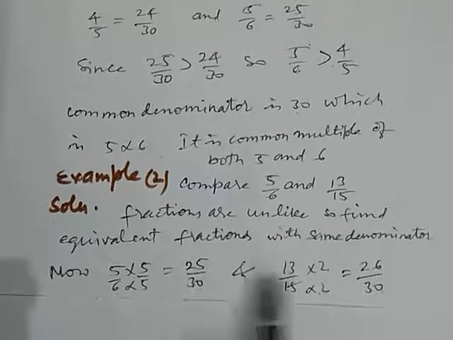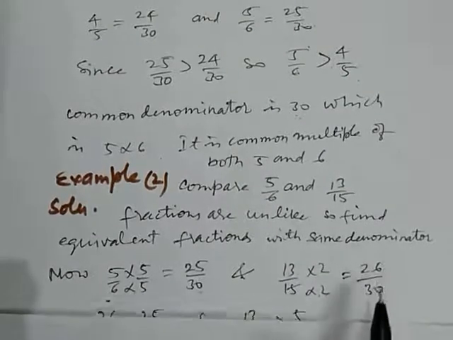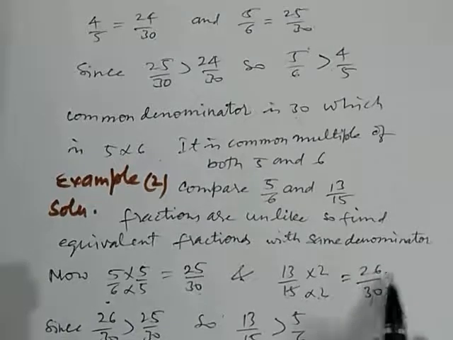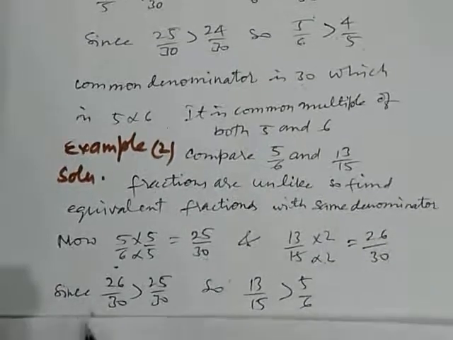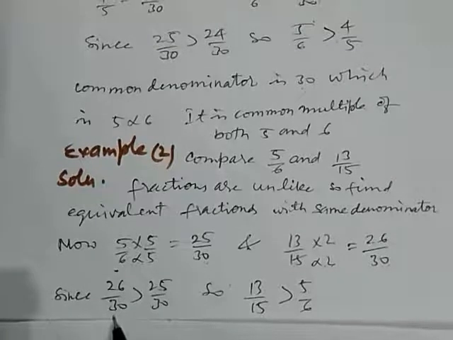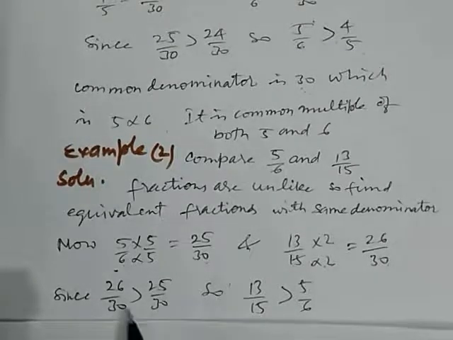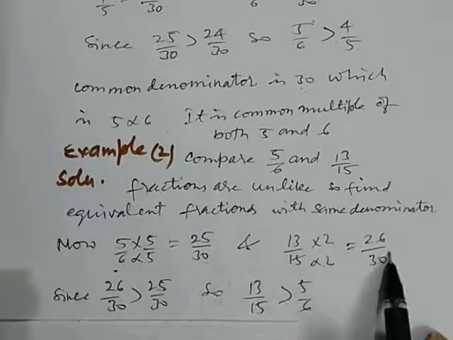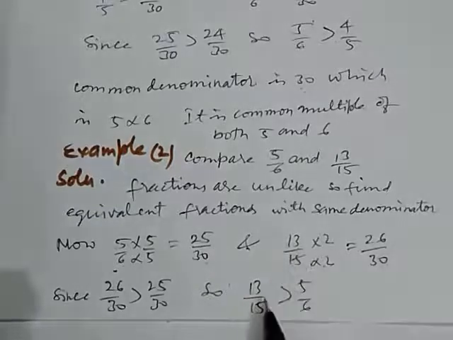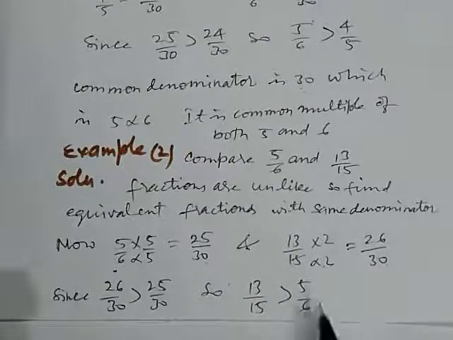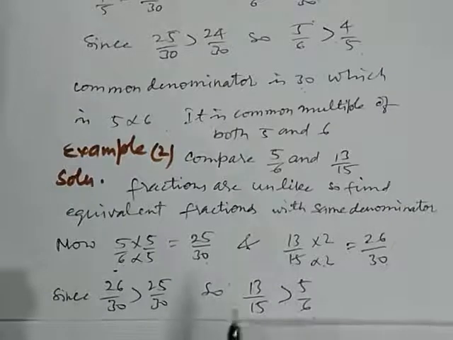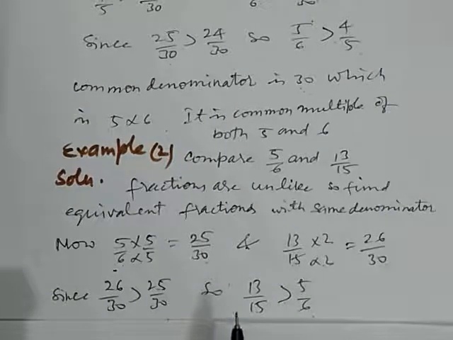So by comparing their numerators, we can compare the fractions. Here 26 by 30 is bigger, 26 upon 30 is greater than 25 by 30, and this 26 by 30 is the equivalent fraction of 13 by 15. So 13 by 15 is greater than 5 by 6. So this way you can solve your question.